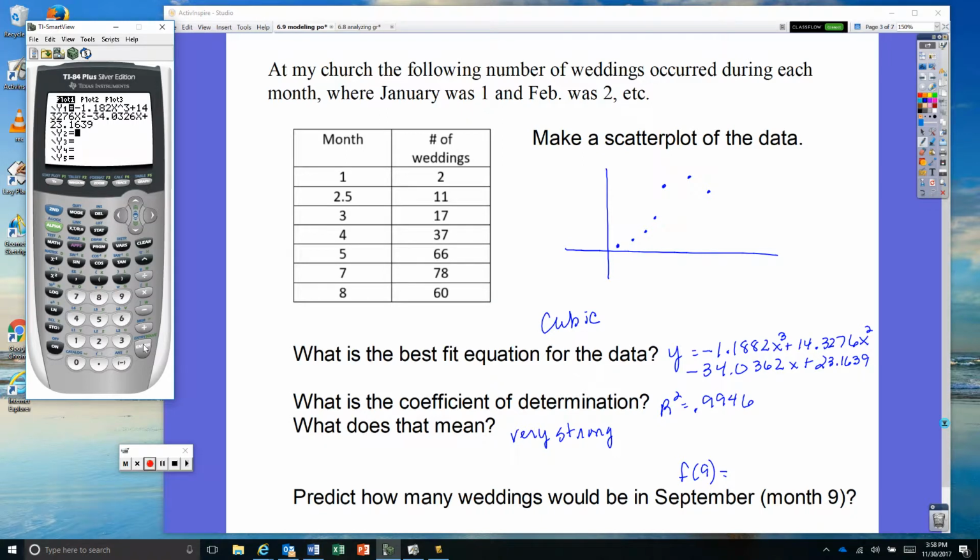Then I'm going to go to my table. And f of 9, I got to go up. Oh, that doesn't look very good. Let me try my y equals again. Did I type something wrong? Negative 1.1882.